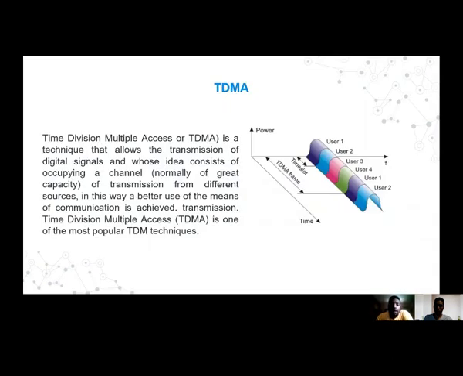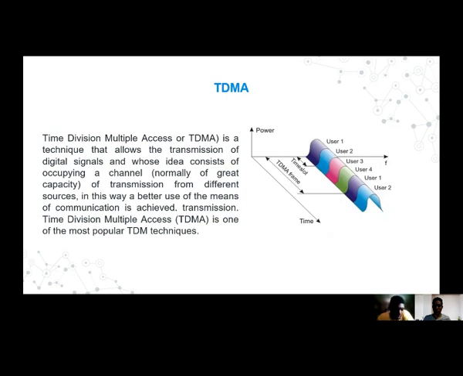The TDMA, or time division multiple access, is a technique that allows the transmission of digital signals and whose idea consists of occupying a channel of transmission from different sources. In this way, a better use of the means of communication is achieved.